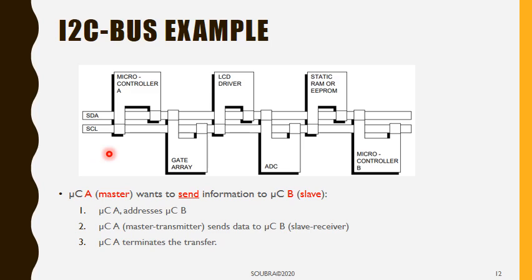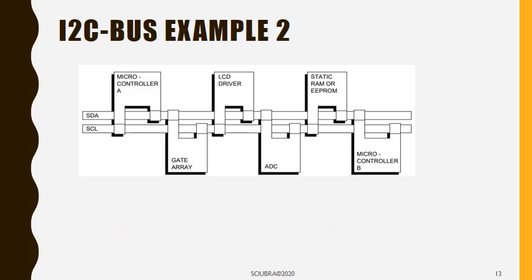Alright, so let's see another example. Now I want it the other way around. I need my master A to receive some data from slave B. So who needs to initiate the transfer? It's always the master.